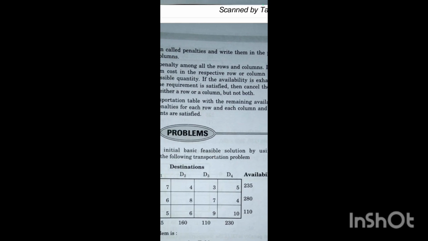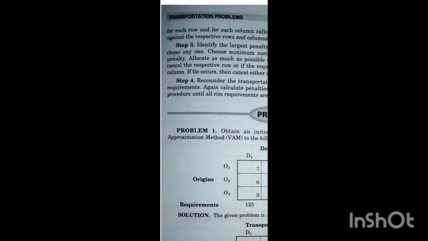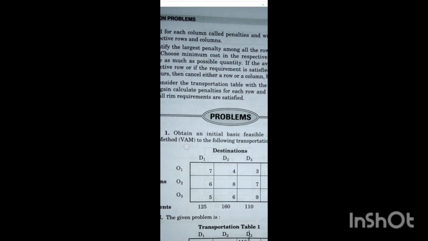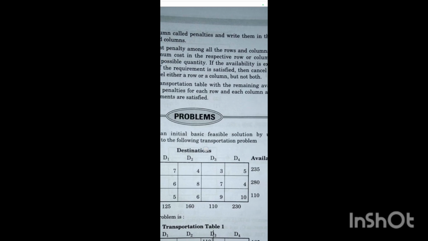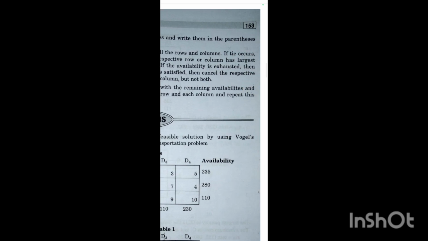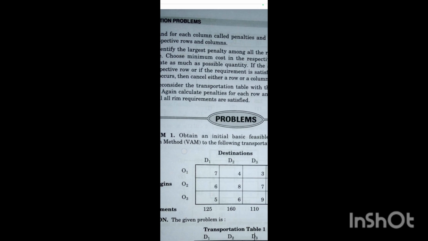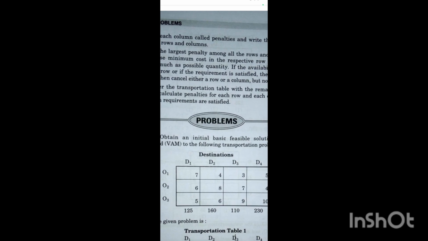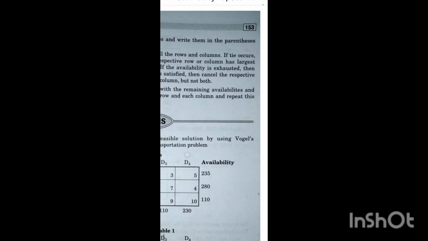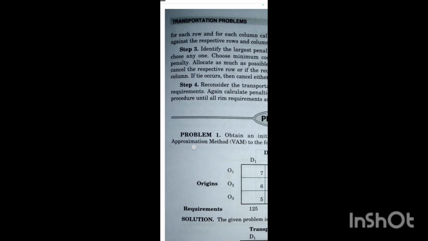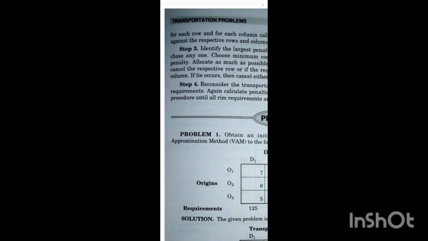Step number 3: identify the largest penalty among all the rows and columns. If a tie occurs, choose any one. Choose the minimum cost cell in the row or column with the largest penalty.